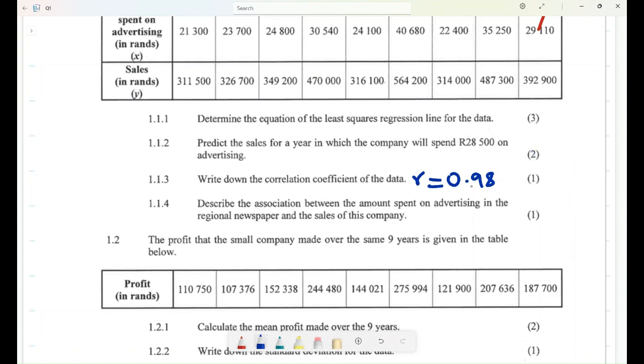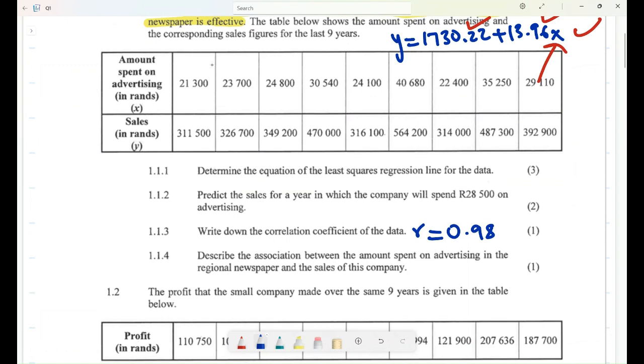Next, describe the association between the amount spent on advertising in the regional newspaper and the sales. What they mean is to explain the correlation, the relationship between the amount spent on advertising and the sales. Can you see that as the amount increases, from here to here, the sales similarly increase?